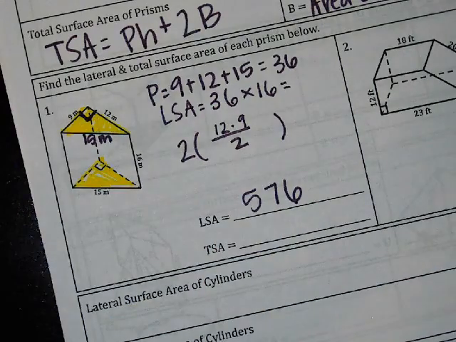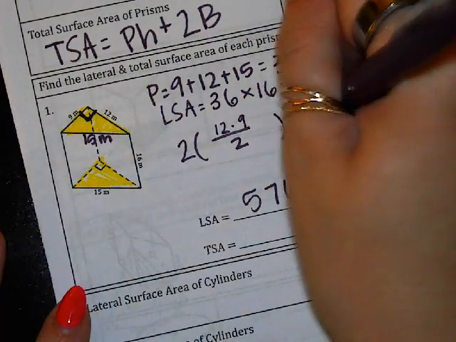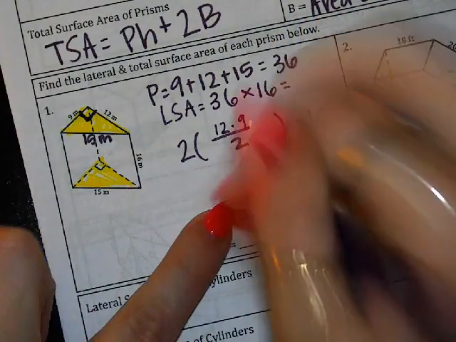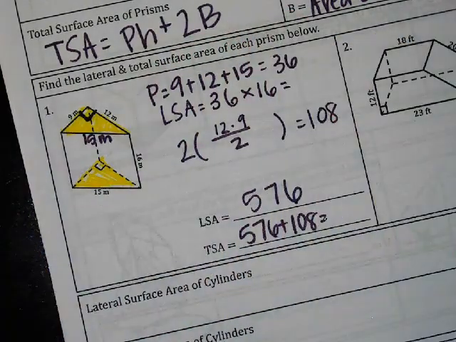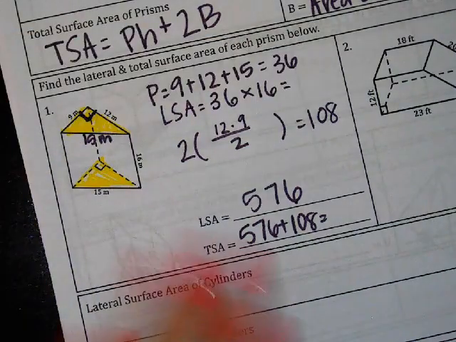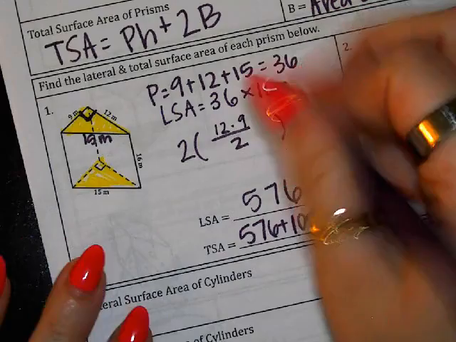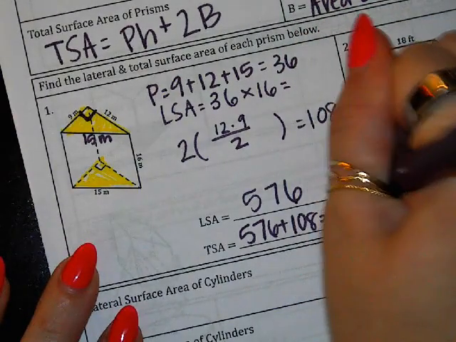If you type that in your calculator, just like that, you should end up with 108. So now you take the 576 plus 108, because it's lateral surface area plus 2 times the base, and that gives you your total surface area, 684.